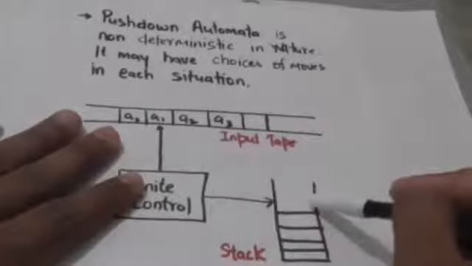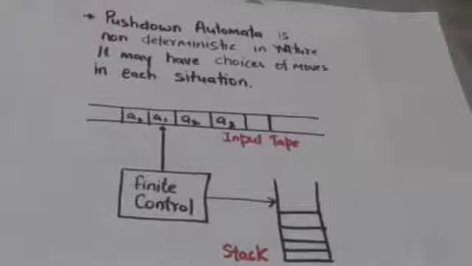Now it will point to the next input symbol of the input tape, and this head will point to the top element of the stack, right? It is the first type of move.